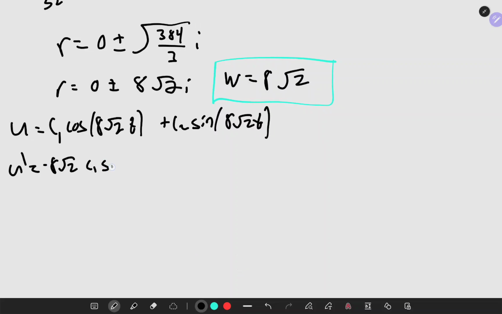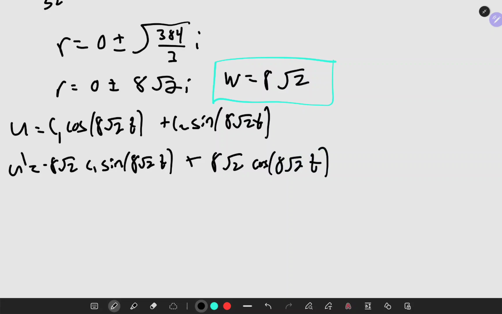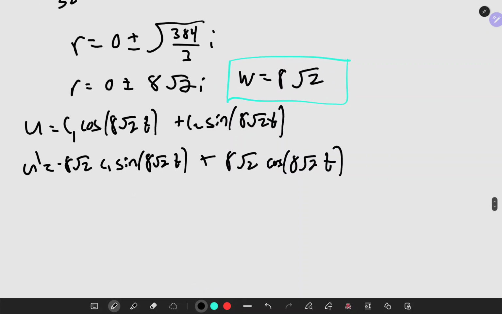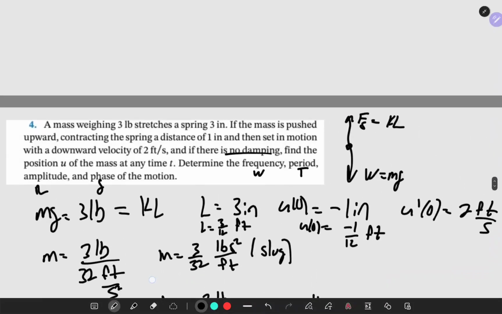Negative, right? Cosine 8 root 2. Now we had u of 0 was equal to negative 1, right? That's from our initial conditions.